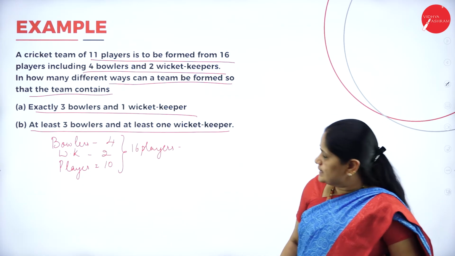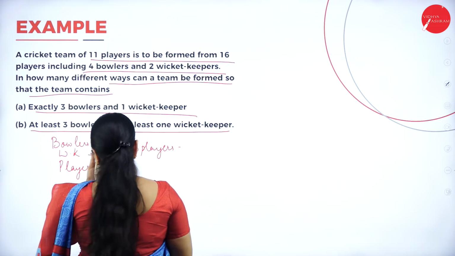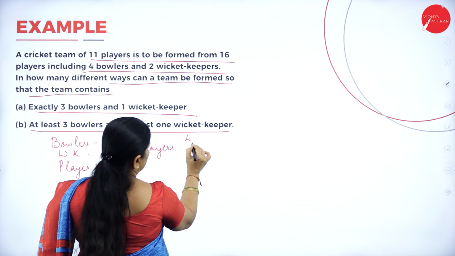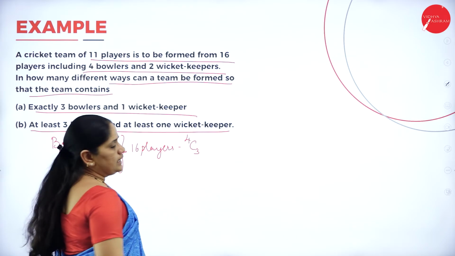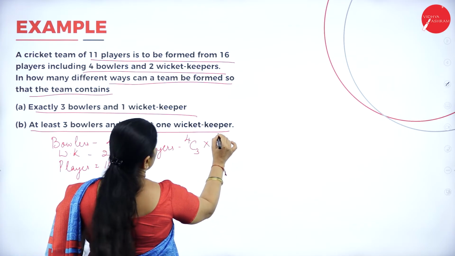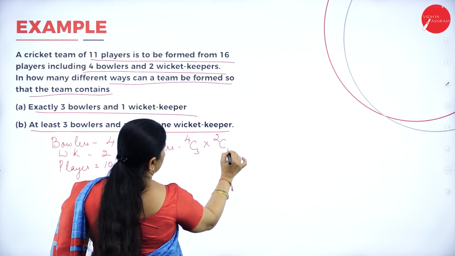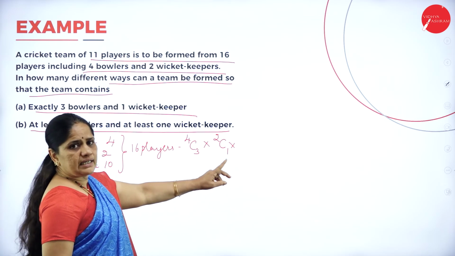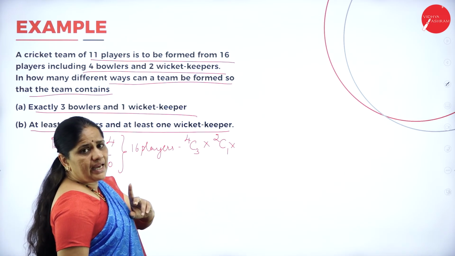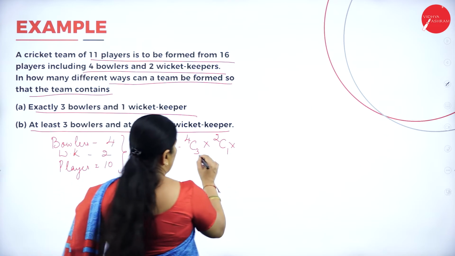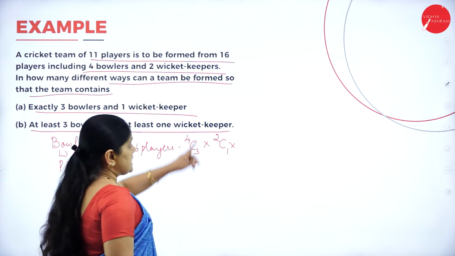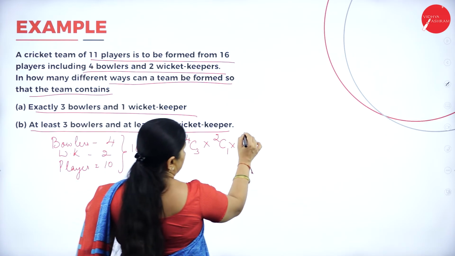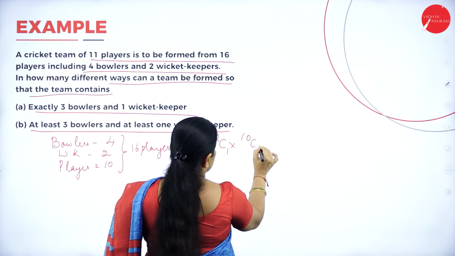In this first case, they say exactly 3 bowlers and 1 wicket keeper. So, out of 4 bowlers, I am taking 3 bowlers, and out of 2 wicket keepers, I take 1 wicket keeper. So, how many players have I selected? 4. Now, how many remaining do I have to select? 7. So, out of 16, I have taken 6, so 10 will be remaining. 10C7.